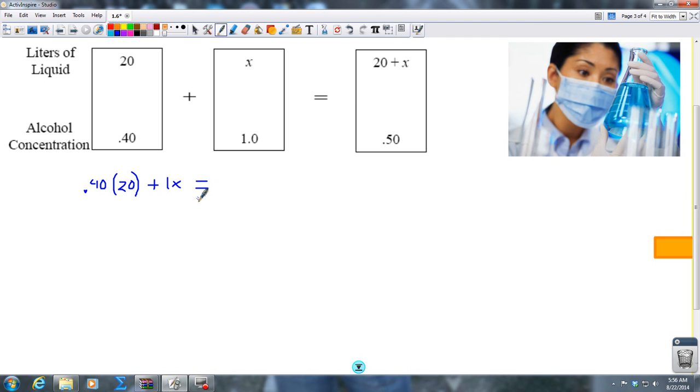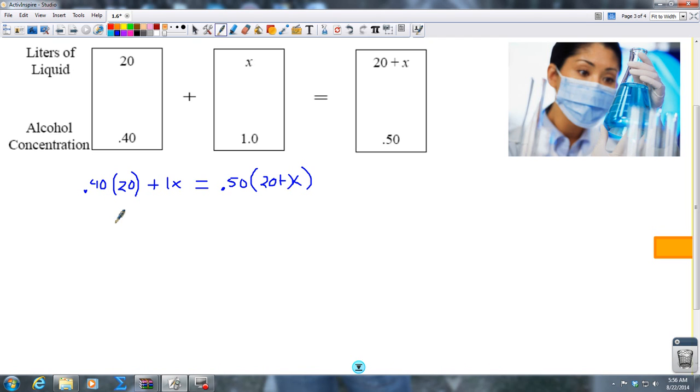And that is equal to 0.50 times (20 plus X). All right, so we have to solve this particular equation.